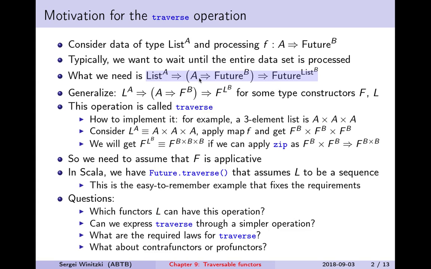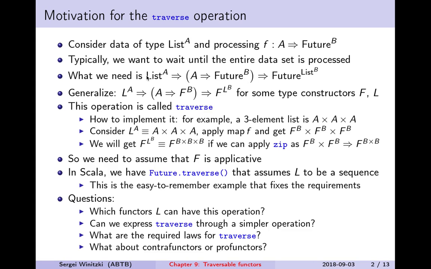You have a list of A, you have a function from A to future B, and you want to get a list of B as a result, and you can get it in the future. So you have a future of list of B as a result. And that is the type signature that the function future.sequence will allow you to have with some work.